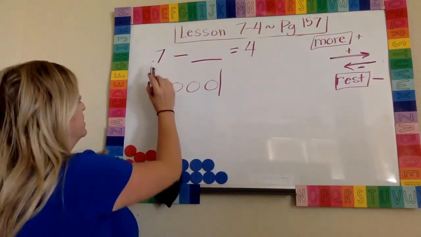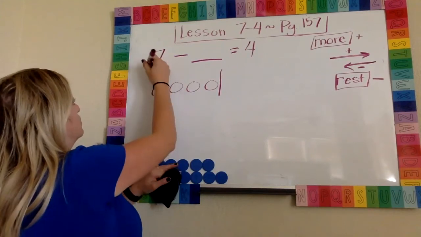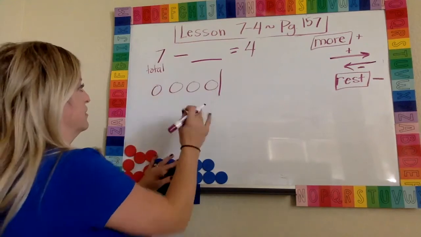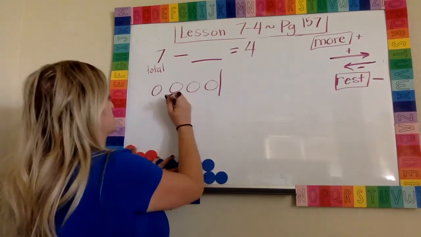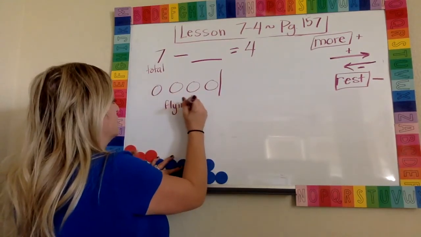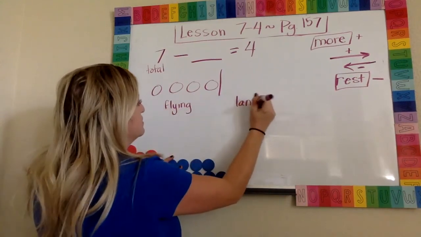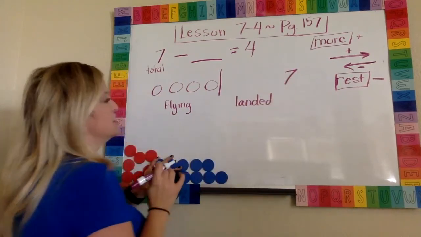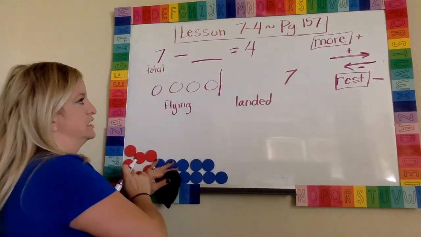So I know it is 7 that I had total. I had 7 total planes. Some landed. 4 are still flying. So these are the ones that are flying. And these are the ones that are landed. I'm going to count on over here until I get to 7 because I only had 7 planes.